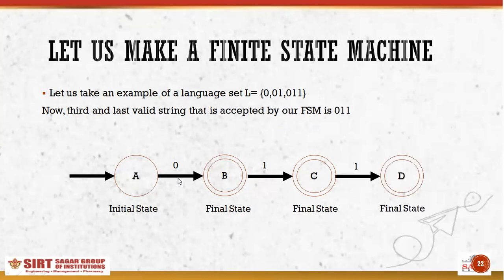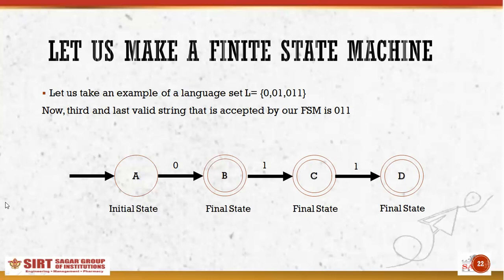Another transition on 1 will be taken to reach the final state D. If I get 011 as a string, I will read 0 from A and reach B, then 1 and then again 1 and reach the final state D, and I will declare that yes, 011 is also a valid string.